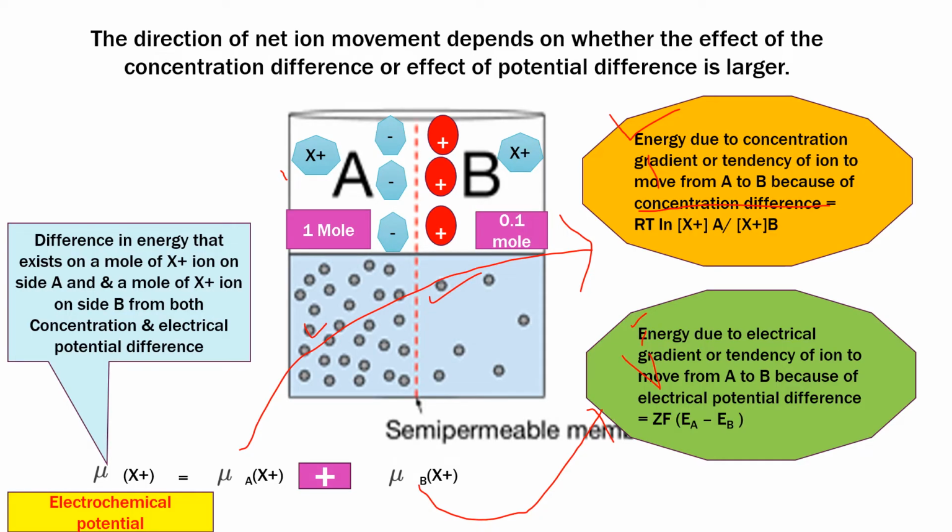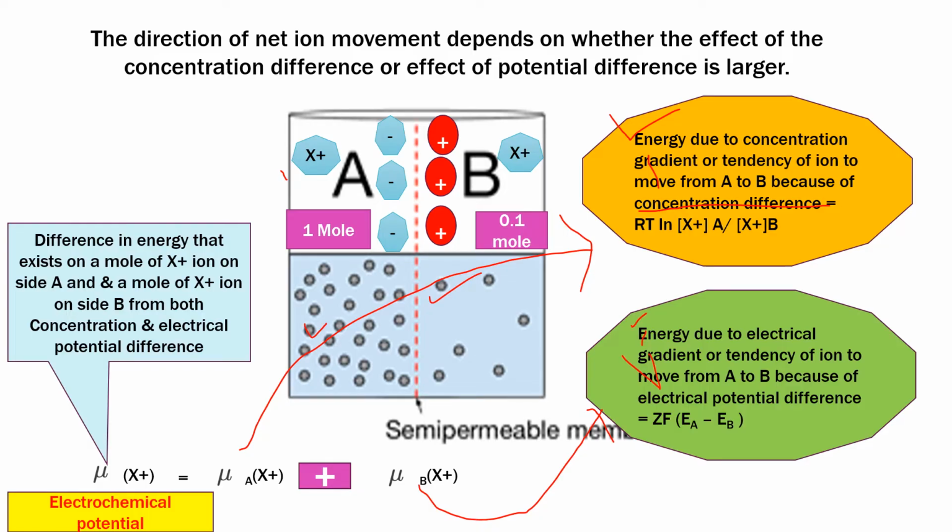Concentration gradient means the concentration difference, that is RT ln of the concentration of X in A divided by the concentration of X in B. And the energy due to the electrical gradient, or the tendency of ions to move from A to B because of the electrical potential difference, is equal to ZF into the potential difference between compartment A and compartment B. So the value of mu A is this RT ln term, and the electrical difference is ZF times the potential difference. This is understandable.